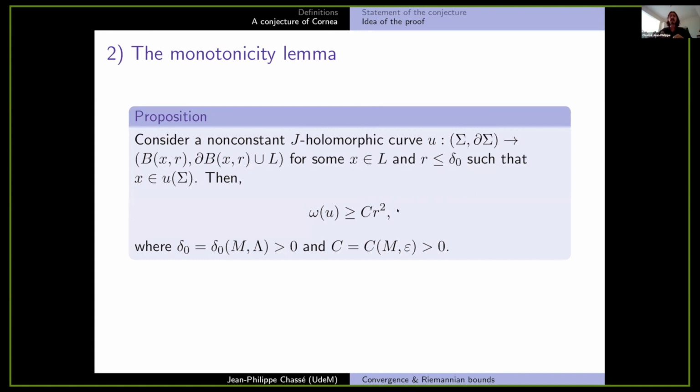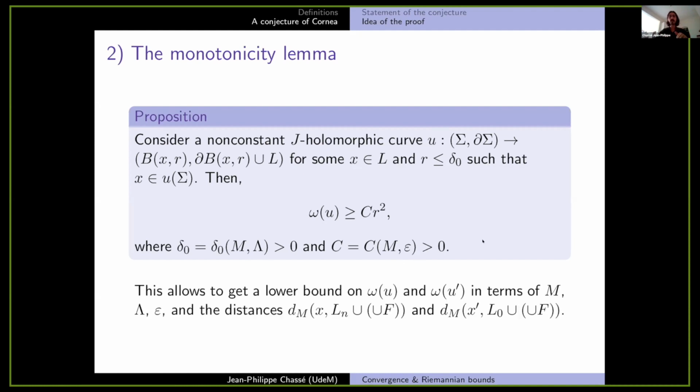The point is that you have to modify a version of the monotonicity lemma which appears in work of Sikorav, so that all the constants that appear only depend on lambda and epsilon. Great. So this allows you to give a lower bound on the areas which only depends on this lambda, this epsilon, and the distances between the points x and x prime to the other Lagrangians.